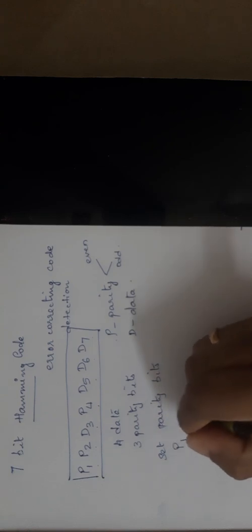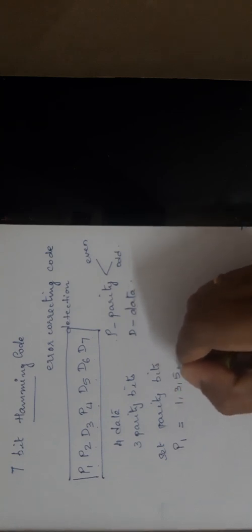P1 is set to 0 or 1 so that it establishes an even parity over the bits 1, 3, 5, 7. 1, 3, 5, 7 means P1, D3, D5 and D7.